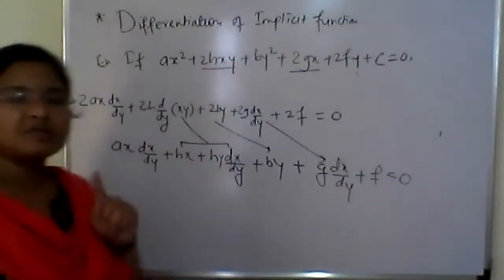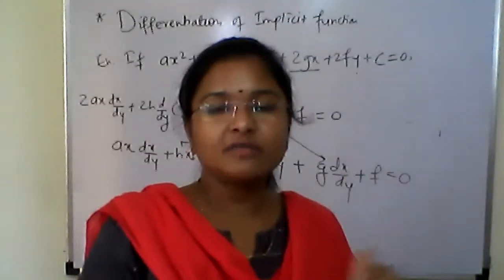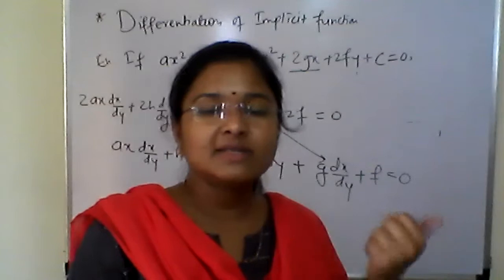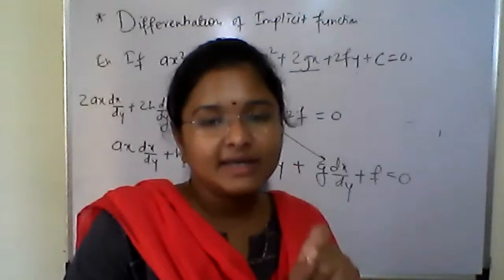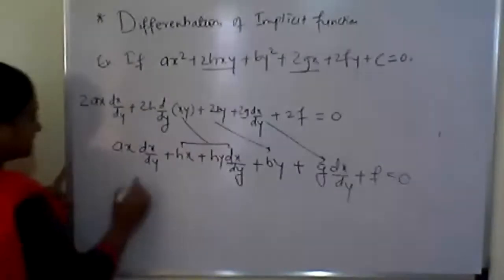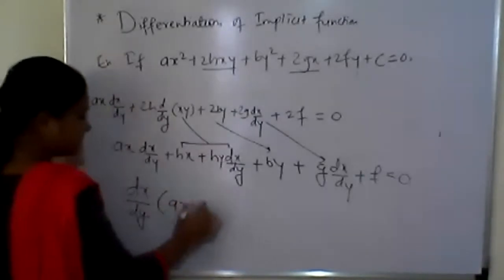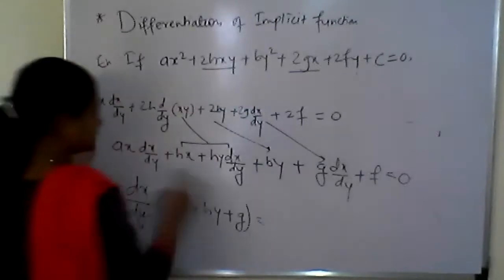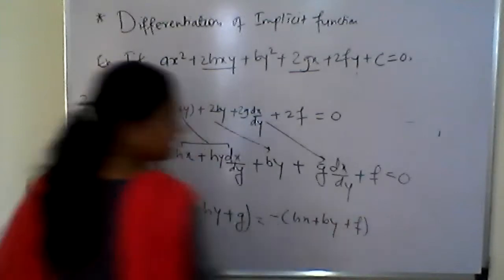Now the question was, this equation was given, and by using this equation we have to find dy by dx and dx by dy. In the previous part of this question we found dy by dx. Now we'll collect all the terms of dx by dy. So we have dx by dy in bracket ax plus hy plus g, and the remaining terms we will send to that side. So it will be minus of hx plus by plus f, bracket complete.